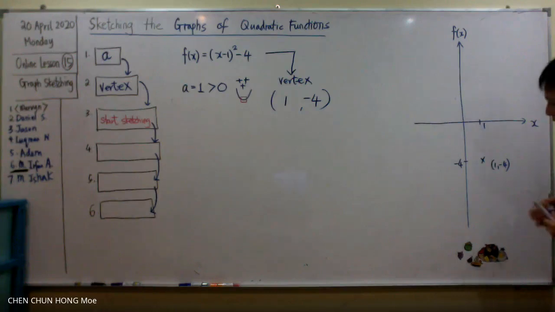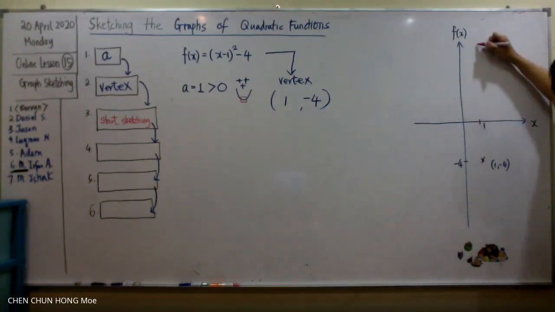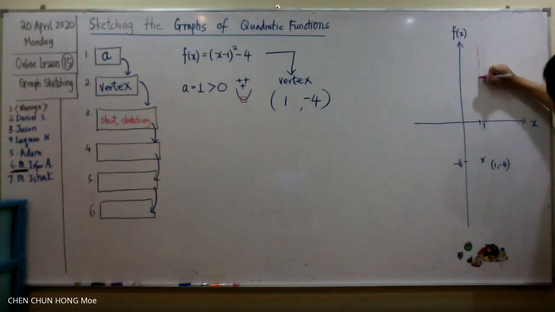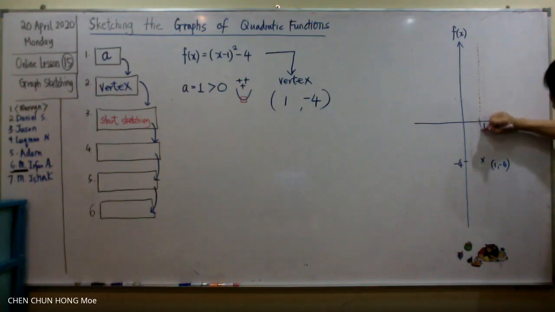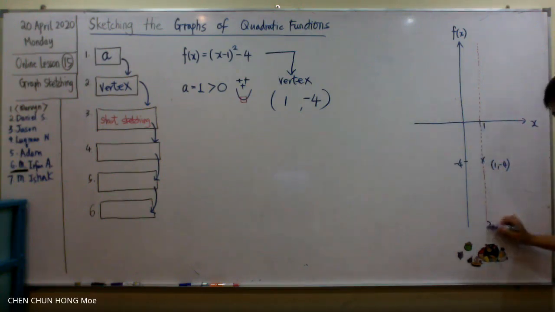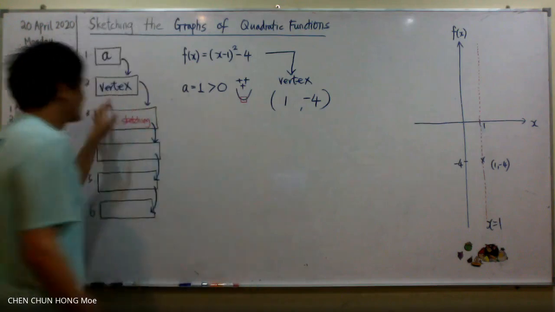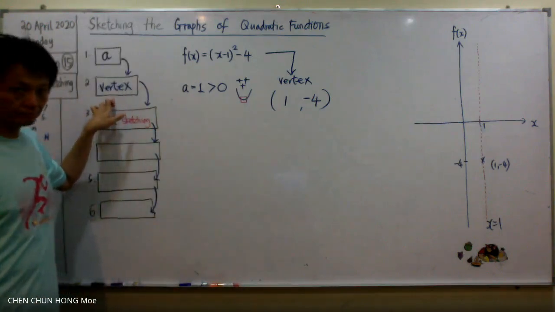And at this point, since you have the 1, you can draw this vertical dotted line, the axis of symmetry passing through the vertex. So this is the axis of symmetry, which is x = 1. So you can actually start sketching after you get the vertex.